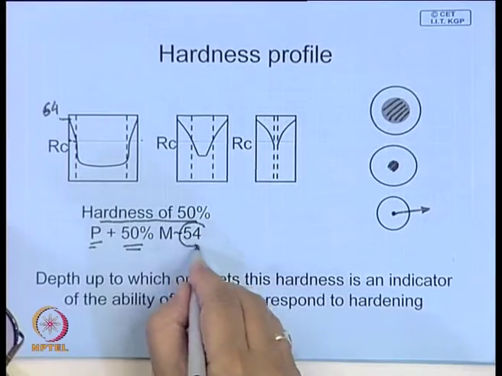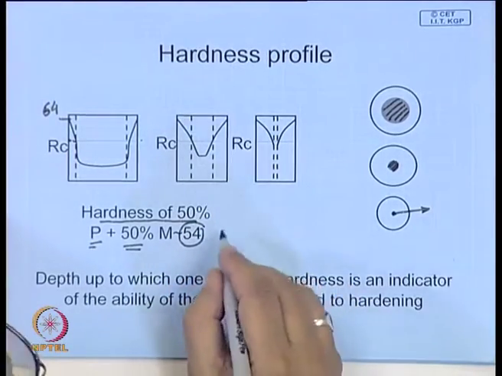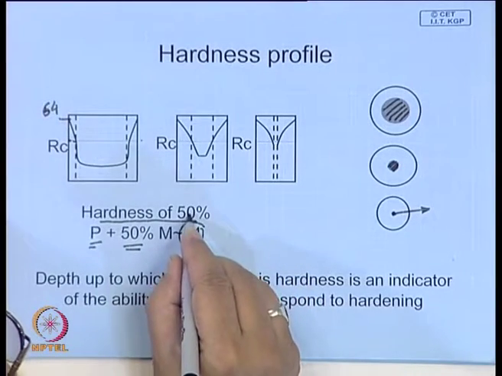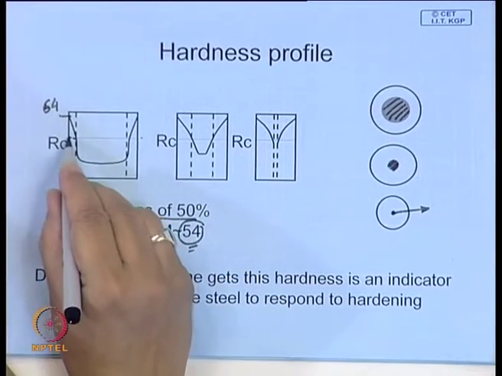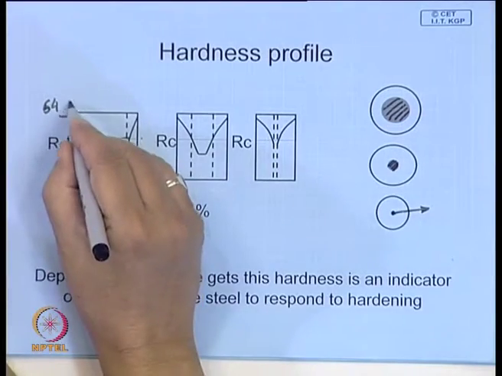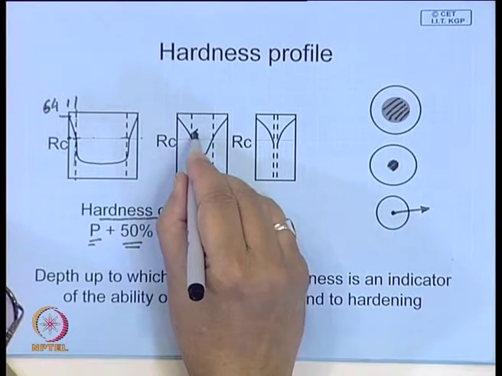This is around RC 54 for eutectoid kind of steel. So, for carbon content around 0.7, 0.8, the hardness of 50% martensite, 50% pearlite will be around this. So, look at where you have this, and you say this is my depth of hardness, whereas this is the diameter.